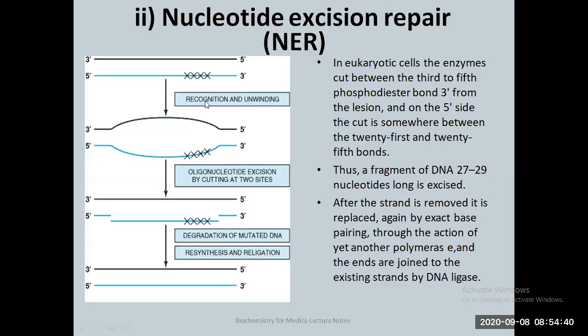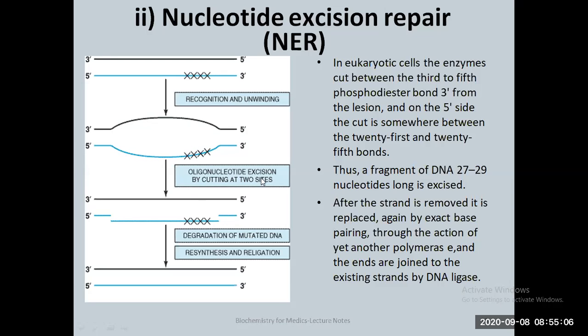So it has to be recognized first where the damage is, and it has to be rectified. So if that happens, the nucleotide excision repair system will be active and it will unwind the DNA. So now you can see here, it will unwind.